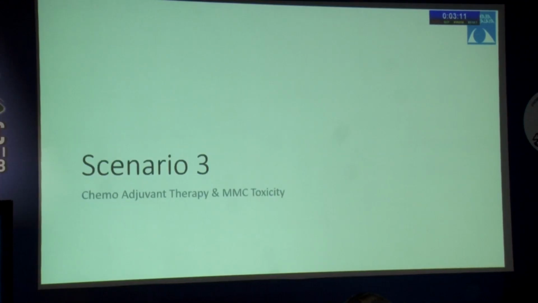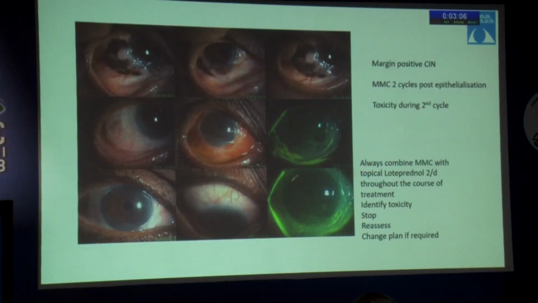Chemo adjuvant therapy is when you do a surgical excision, and then based on the histopathological report, this was a patient where we went ahead with a surgical excision because it was a non-mobile lesion. So these are lesions where you do not want to initiate topical chemotherapy when it is relatively localized and less than 6 clock hours.